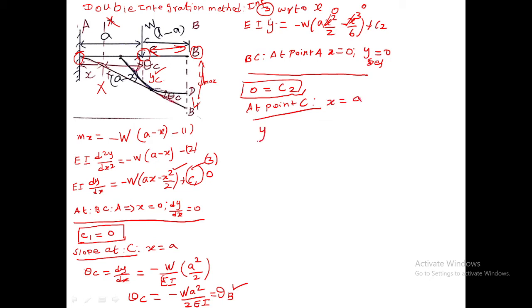So y equal to minus W divided by EI, with x equal to a: a into a square by 2 minus a cube divided by 6.